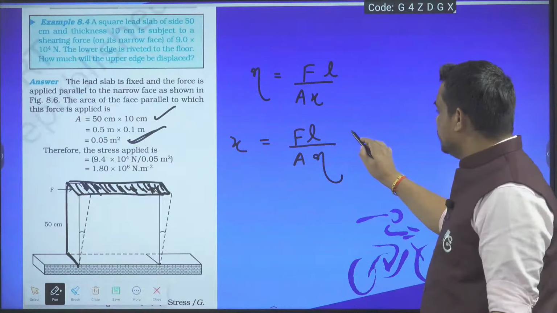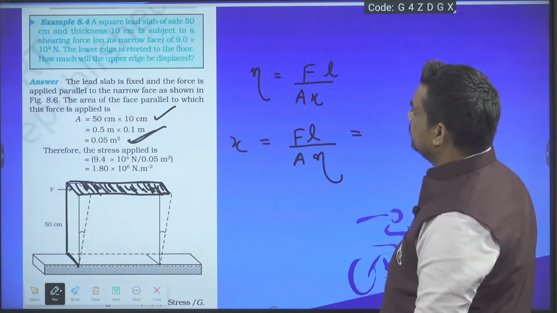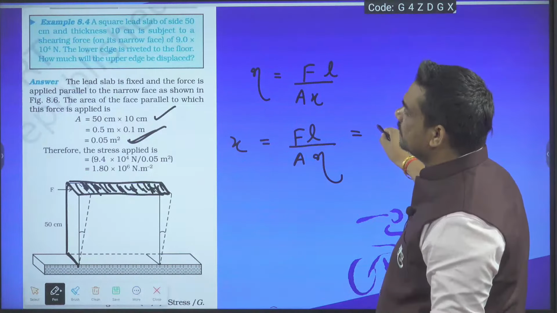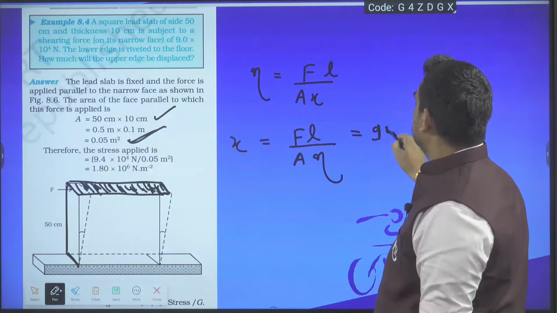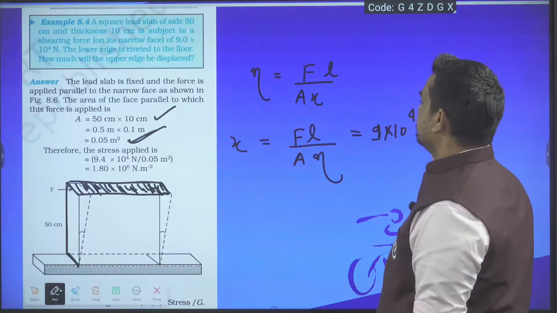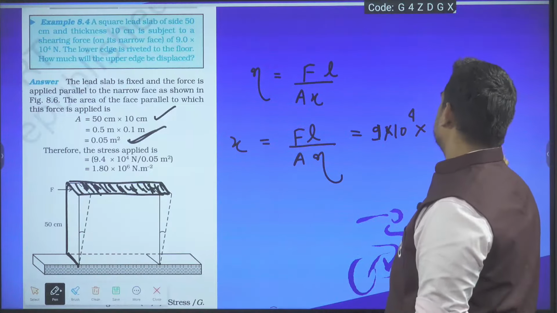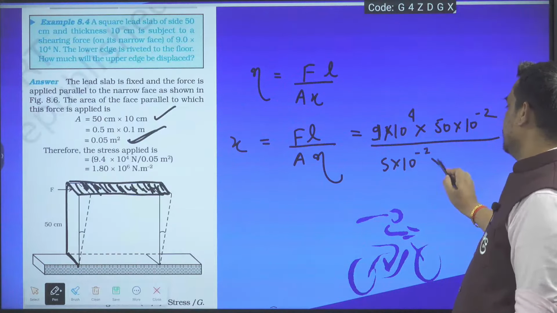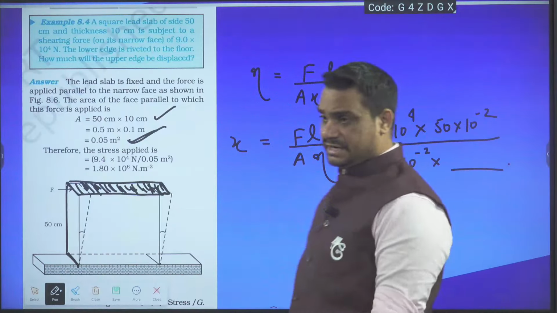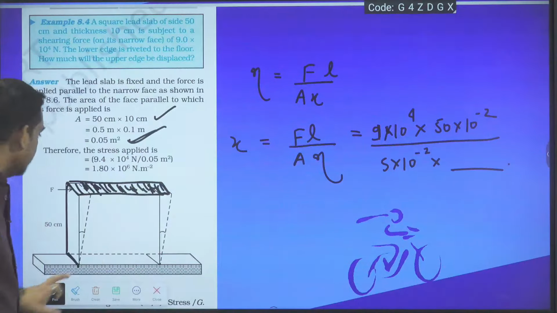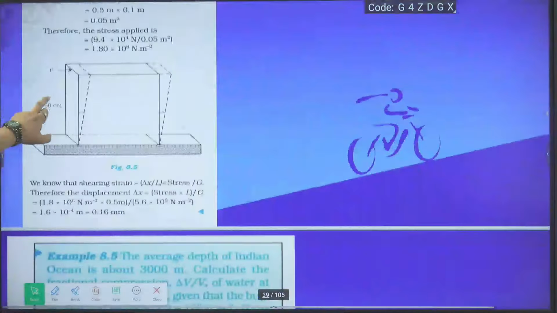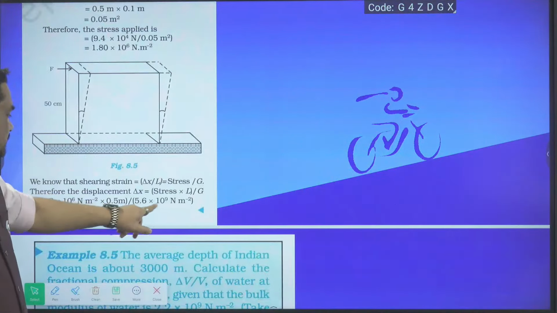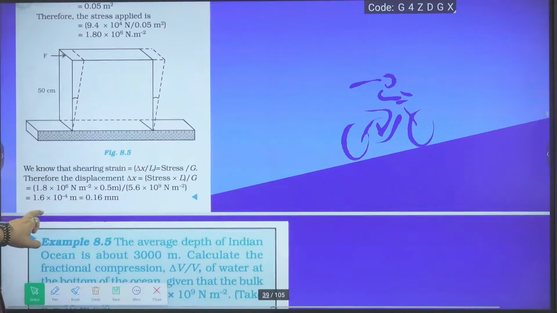Whatever the force value is, we keep it here, 10 power 9 into 10 power 4. Length is 50 centimeters, so 10 power minus 2, divided by the area just calculated, 5 into 10 power minus 2. Eta will be given to you; we just have to put in the data. We can check here what eta is taken in this one. If they have taken this value, I think this is the eta taken. So we can do the calculation.